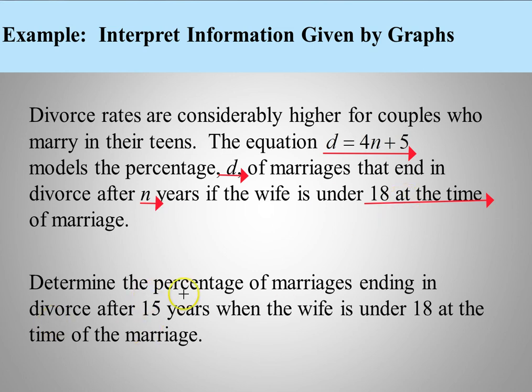They're asking us to find the percentage of marriages ending in divorce after 15 years. Here they gave us the value of N, which is 15. So I take my N and plug it in here and see what I get.